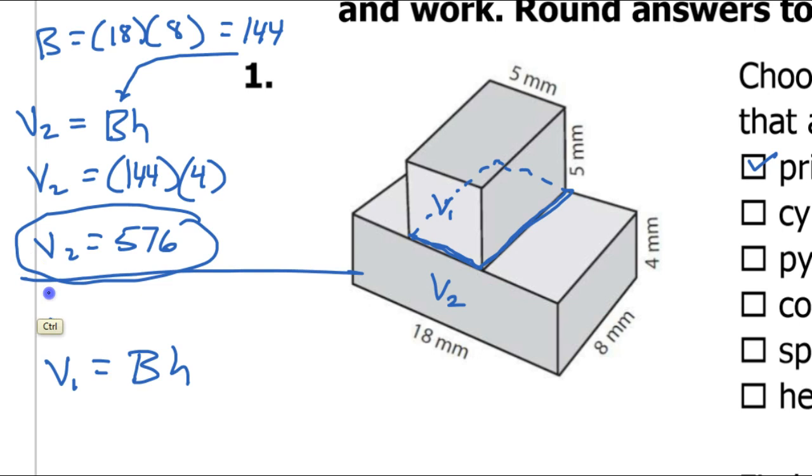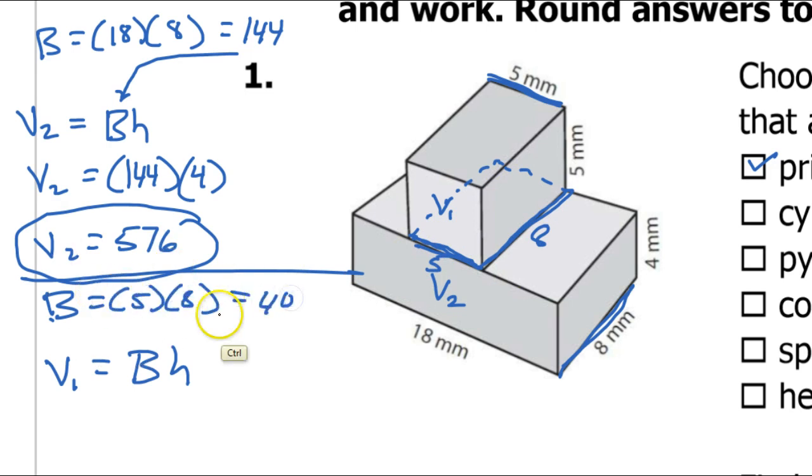I see that this edge is length 8, the same as this one, and this edge is length 5, the same as this edge. So the area of this base is 5 times 8, which is 40.